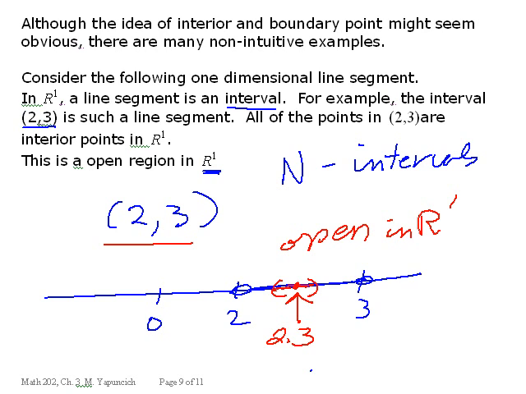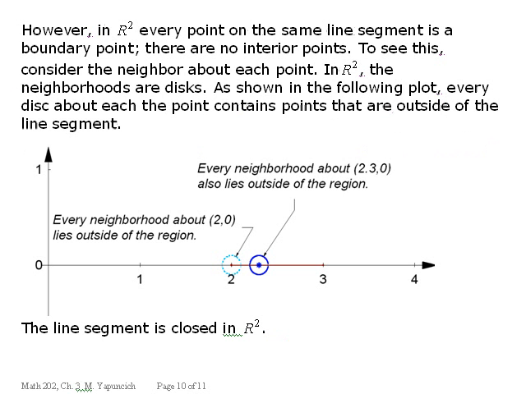Now let's look at the same interval, (2, 3), in R2. In R2, the neighborhoods have to be two-dimensional figures, so I'm drawing them as disks, circles. Any point that I pick between 2 and 3, if I want to construct a neighborhood about it, it will have to be a disk, such as shown here. That disk will contain points in the region, those right along the line, but it contains many points that are not in the interval, because it's a disk instead of a line.